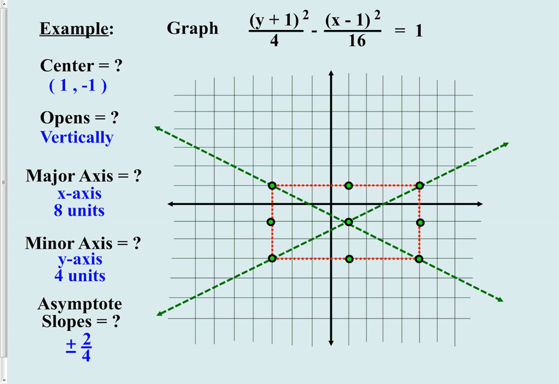In this case, our hyperbola opens vertically, so we will be making contact with the point above the center and the point below the center. Once again, we will doodle it in, basically so that the legs of our hyperbola are approaching our asymptote, and we will make contact with that point at the edge of the box, and that is the basic structure of your hyperbola.